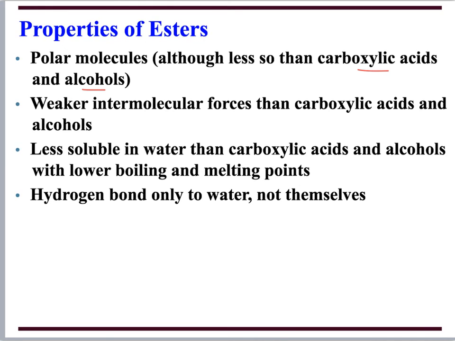Because of that, they have weaker intermolecular forces, so that's kind of what makes their melting and boiling points lower than carboxylic acids and alcohols, but higher than all of the others.